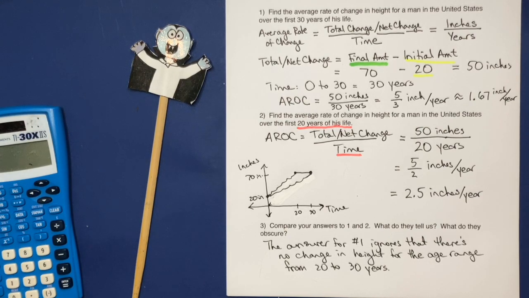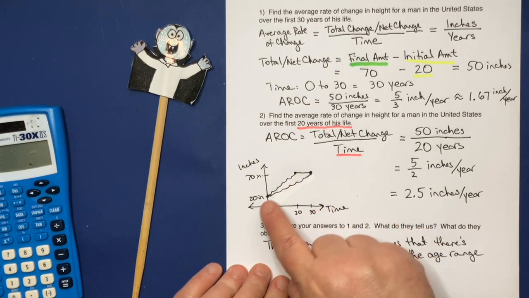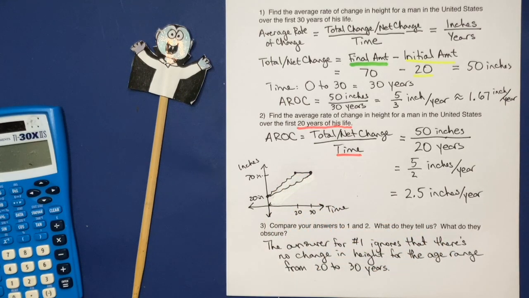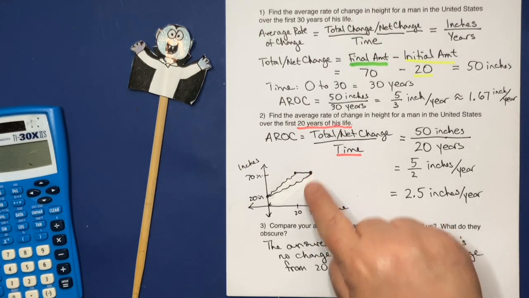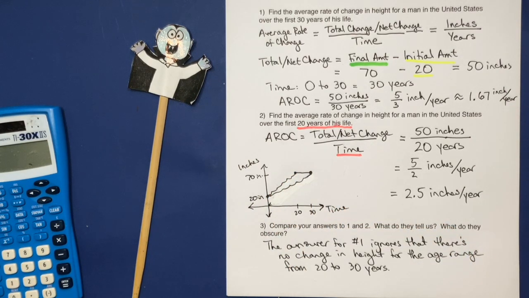And anyone who's been human for any amount of time probably remembers that when you're little, you grow really fast. So this isn't even correct. You don't grow at a constant rate. You grow really fast when you're little, and then there's another growth spurt right in your teens where suddenly you grow a bunch, and then you just kind of stop. So there are a bunch of plateaus in there that we aren't representing, and that's the downside to looking at an average.